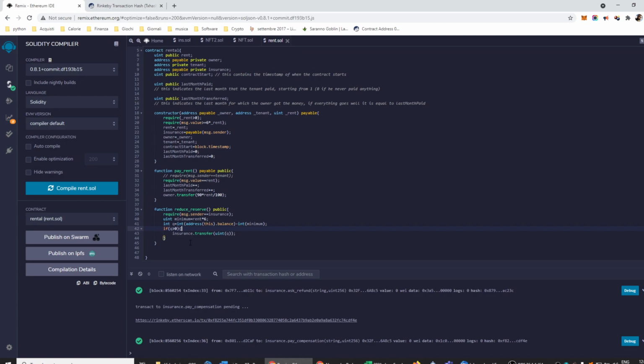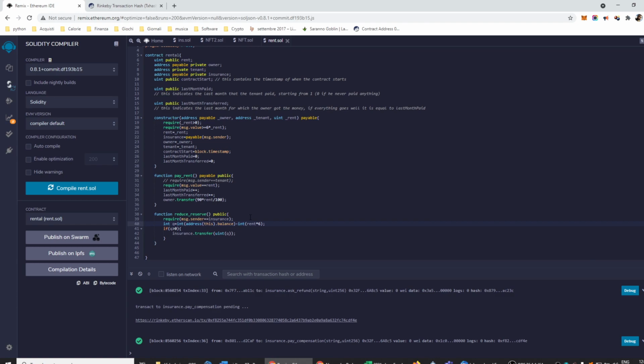Okay, this point here, I don't need this stored in a different variable. I could just put it here. And that's it. It would be a good idea, but it's not required, just to return the amount which was transferred back.